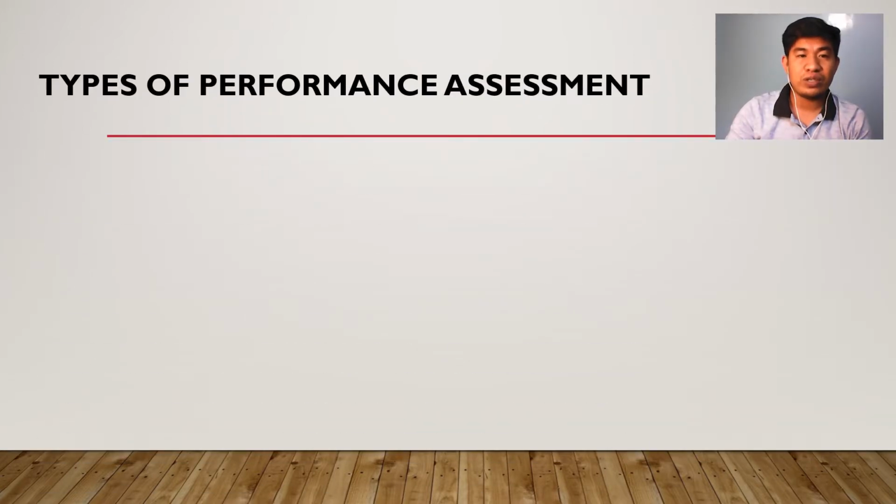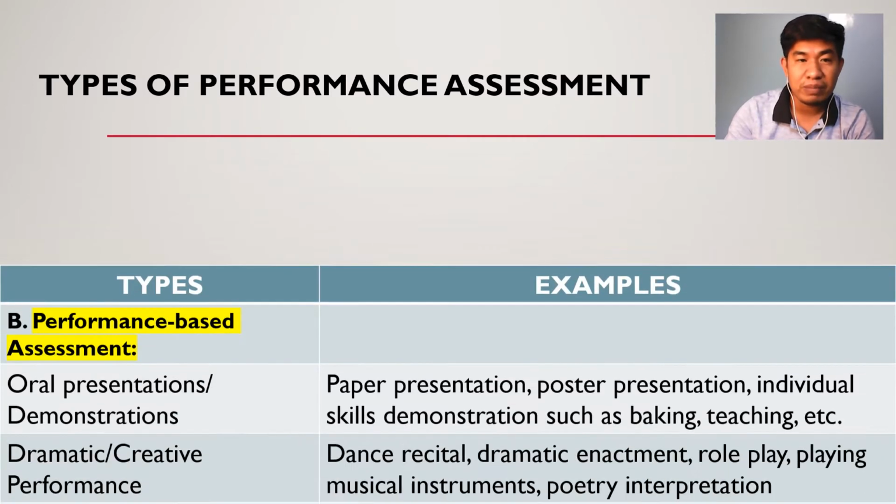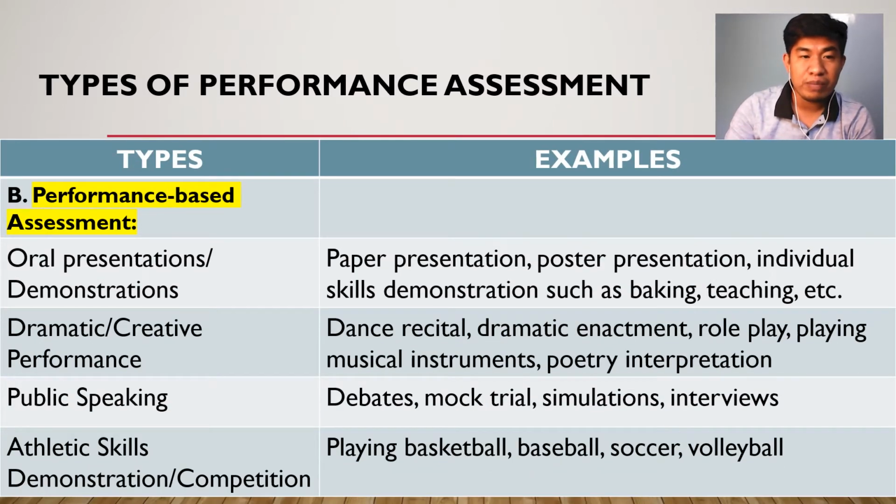We go now to the second major type of performance assessment, that is performance-based assessment. It has four categories. First, the oral presentations or demonstrations, for example paper presentation, poster presentation, and individual skills demonstrations such as baking, teaching, etc. Then dramatic or creative performance, for example dance recital, dramatic enactment, role play, playing musical instruments, and poetry interpretation.